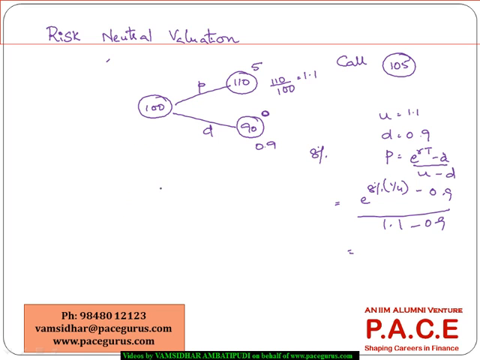The other way I could have found out, how did I get to this particular formula? Let me assume that there is a P chance that the stock is going to go up. So what is the expected value? P times S naught U. That's the upward price. So 1 minus P chance that it will go down.